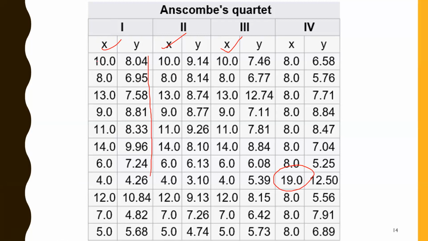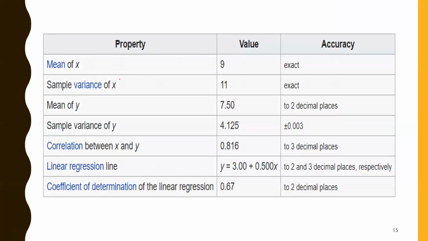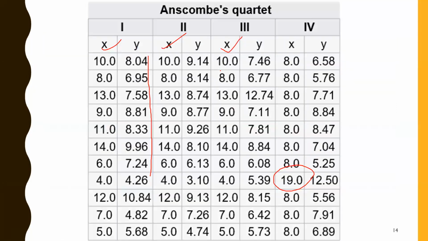different scenarios. But let's say we do some statistical analysis, like sir mentioned: correlation, mean, sample variance, linear regression, coefficient of determination. What we notice is that these data sets were specially arrived at by the statistician Anscombe to show how different interpretations or different techniques can change the way you make decisions.